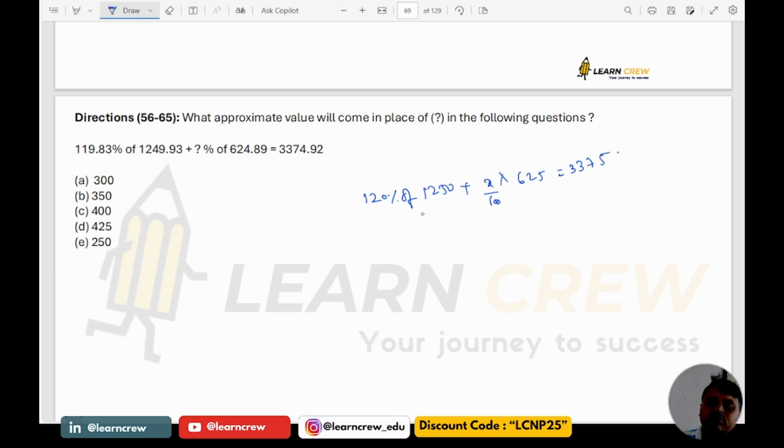So now what you are going to get here, if you simplify, 3375 minus 1500. This is 1500. So I am going to get X by 100 into 625 as 1875. 625 3s are, so X is 300.